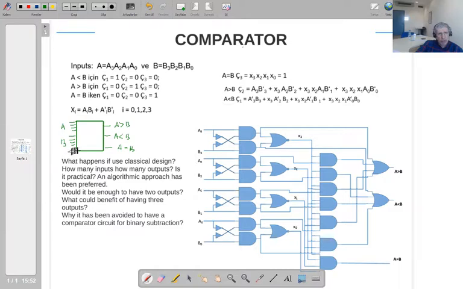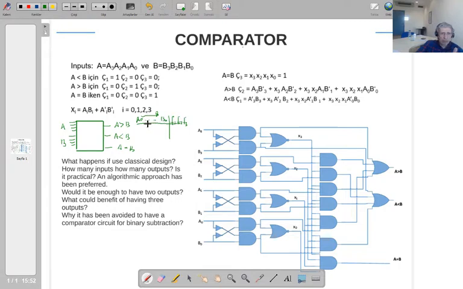If you draw a truth table, it's going to be like that: A0 up to B0, total 8 inputs, and F1, F2, F3, 3 output functions.